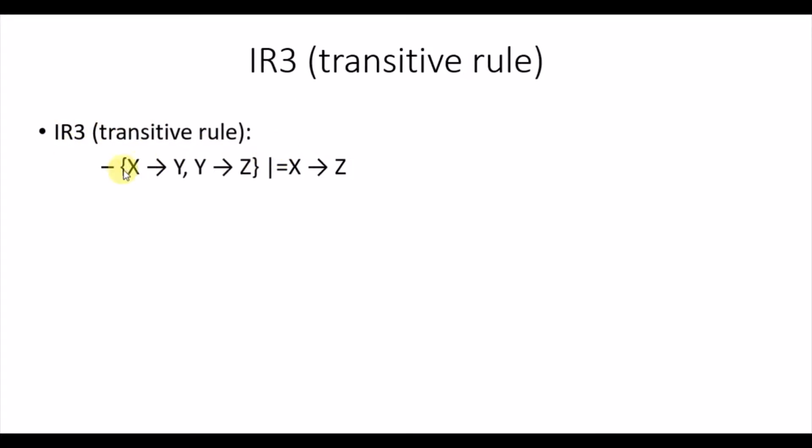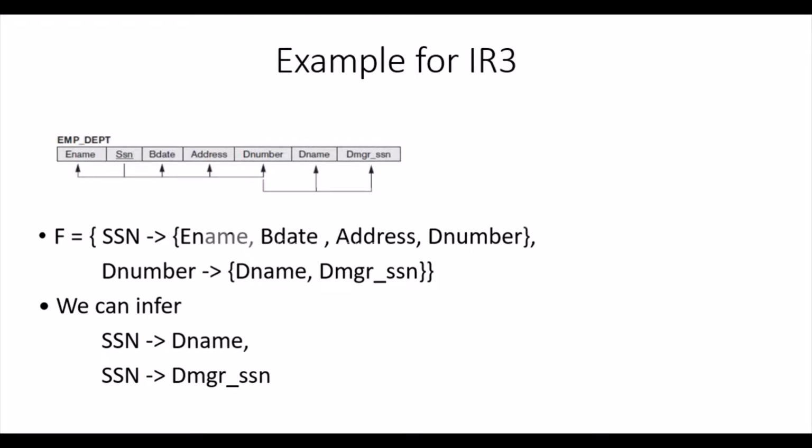Let's see an example for this IR3. Again, consider the employee underscore department relation: E name, SSN, B date, address, D number, D name, D manager underscore SSN. You have some functional dependencies: SSN determines E name, B date, address, department number.